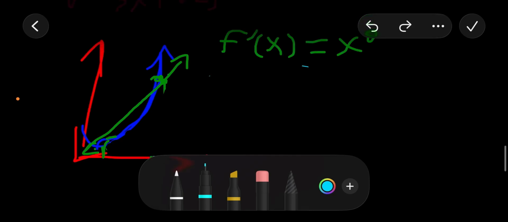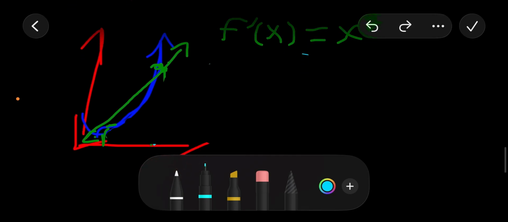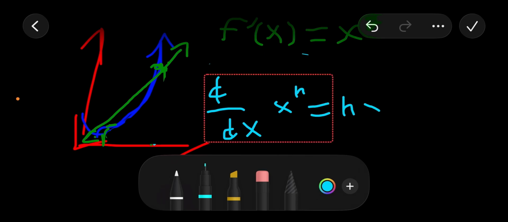So, if we have f prime of x equals the derivative of x squared, in blue I labeled the curve. There's a rule called the power rule, and it states the derivative of a function with a power, x to the power of n, equals nx to the power of n minus 1.